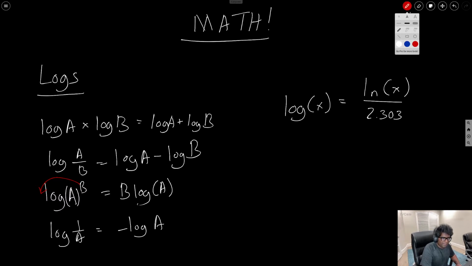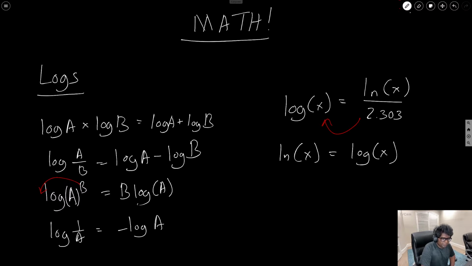So natural log X is actually just log X times 2.303. Just double it. And I'd rather just guesstimate it.